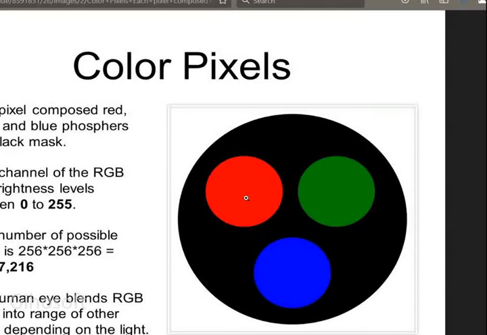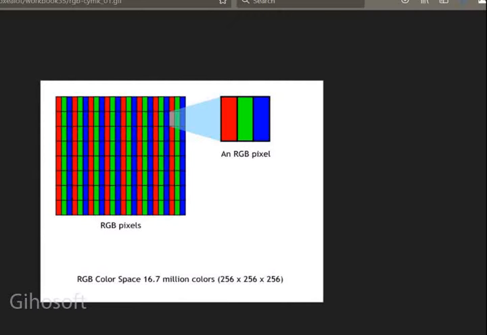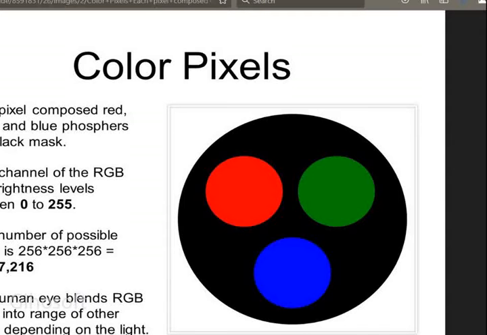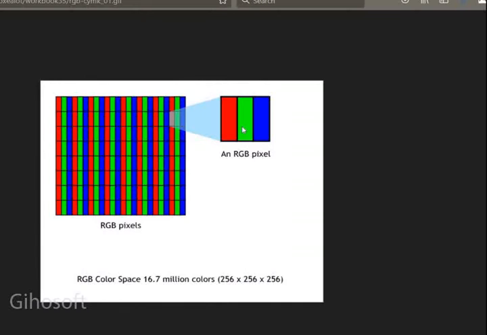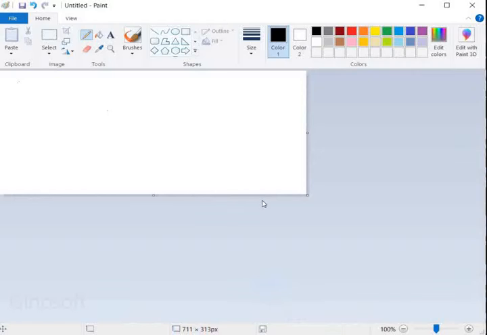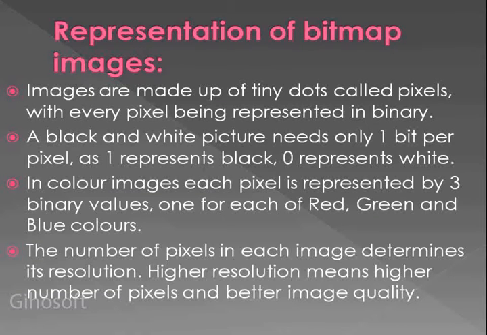Again, it has three basic primary colors, red, blue and green. Regardless of whether it is a rectangle or a square or a circle, it can always represent three different colors, and a combination of different shades of red, blue and green can give us up to 16 million colors.